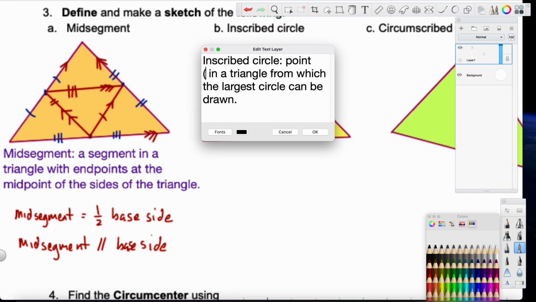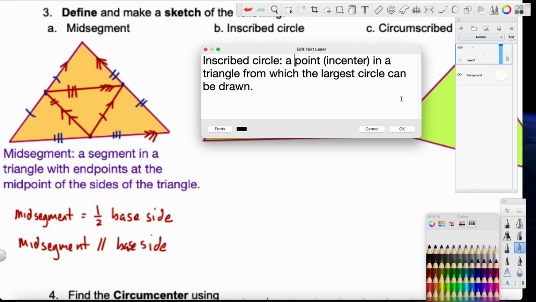Let's put this in parentheses, incenter, because it happens at the incenter. A point, incenter, in a triangle from which the largest circle can be drawn. Okay, I like that.